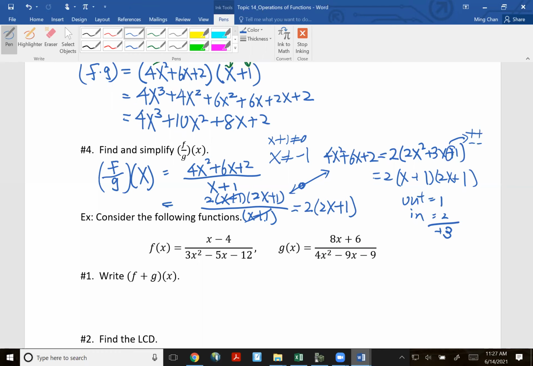So for right now, this function f divided by g is simplified into this. But I want to make sure that you understand this is not a linear function. This is still a rational function. It's just that the graph of it is a straight line because of all the simplification in the process.